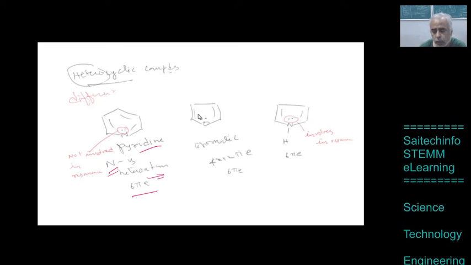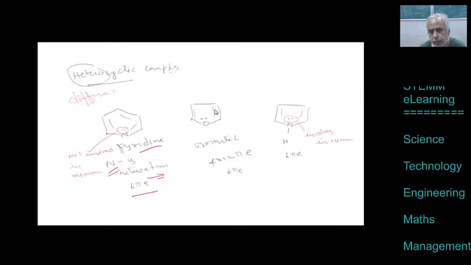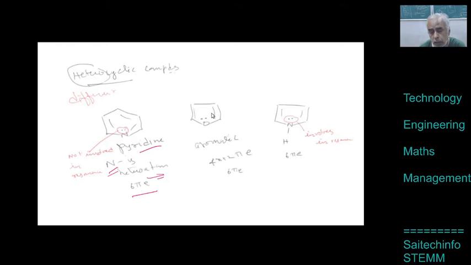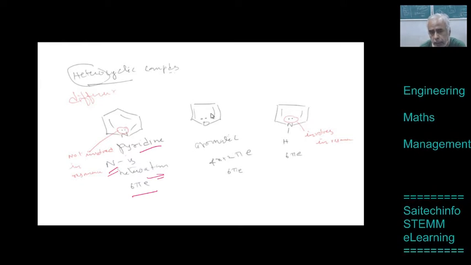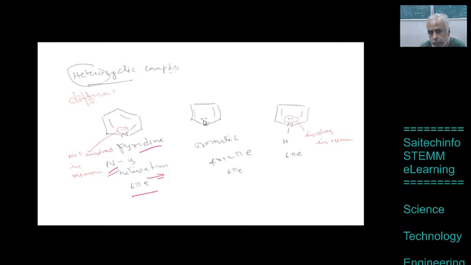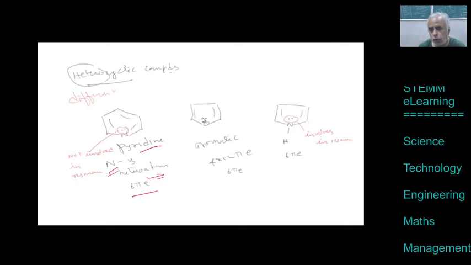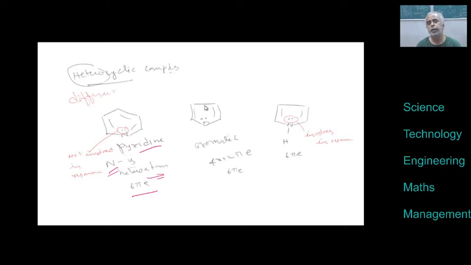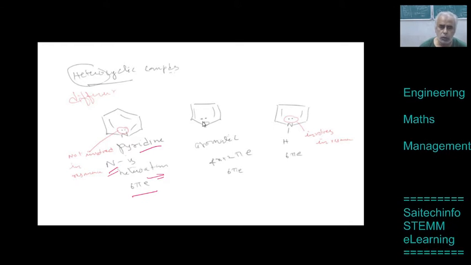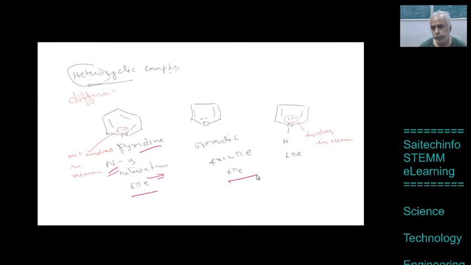It just looks as though it is not aromatic because it has only 2 double bonds, but it is not like that. It includes the delocalization where the lone pair of electrons of oxygen is involved, and that is why now you have to count those electrons also. So 2 plus 2, 4 plus 2, 6. So 6 pi electrons. Got it?